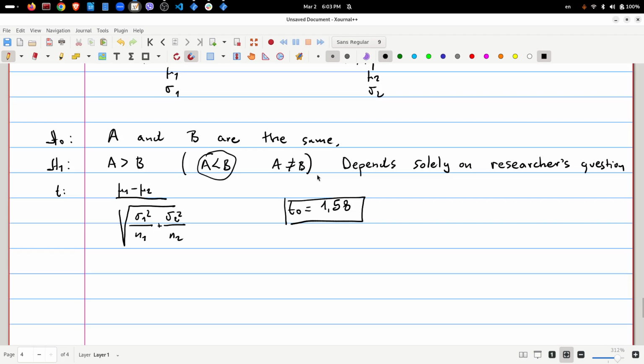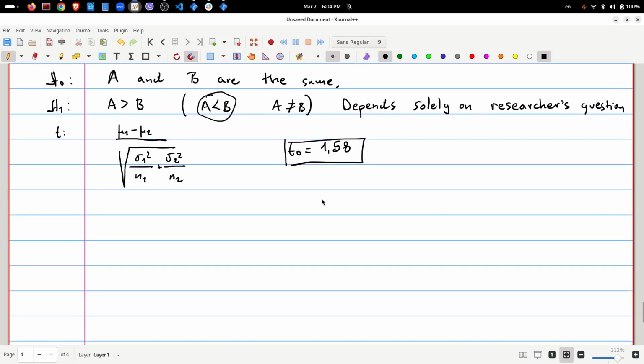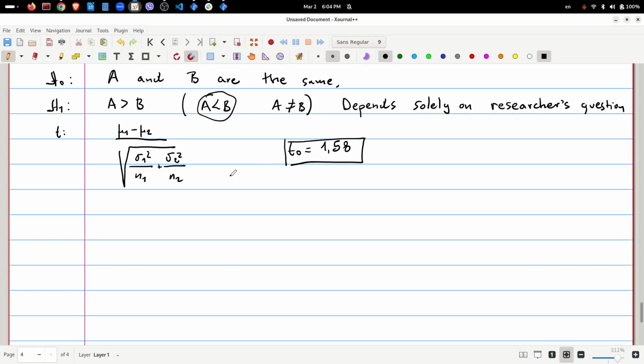Okay, I have the H0, I have the H1, I have my calculation, and what I need to have more is how this t, how this random variable is distributed when the null holds true. So I need the probability of the t given the H0.